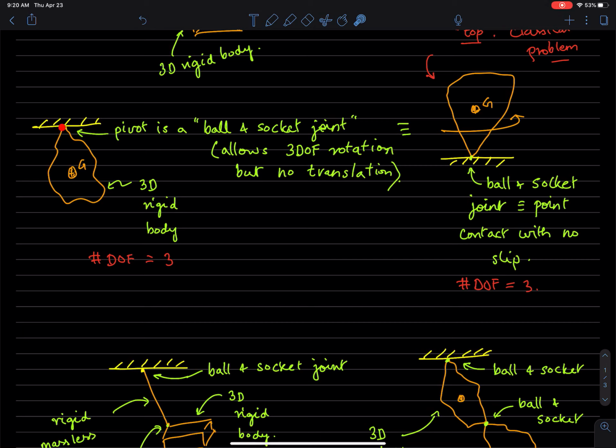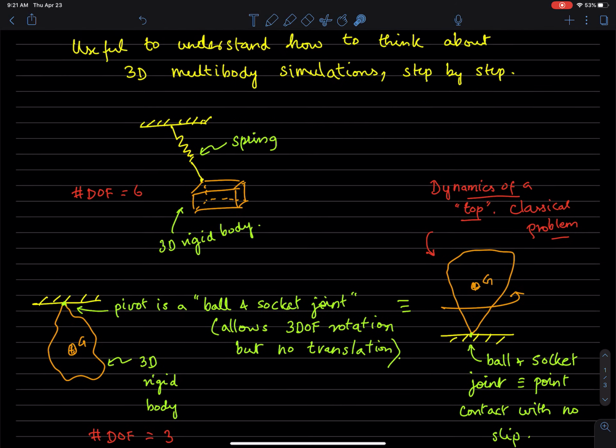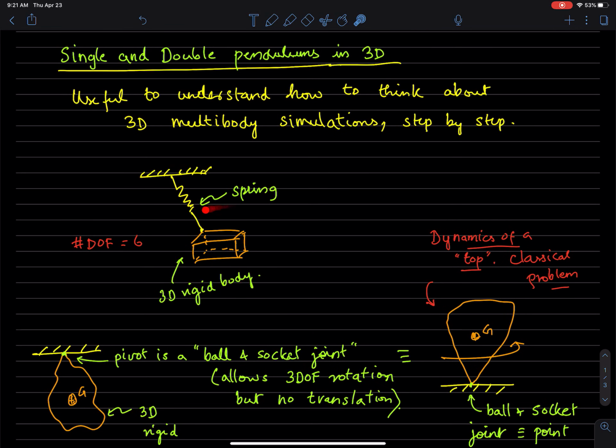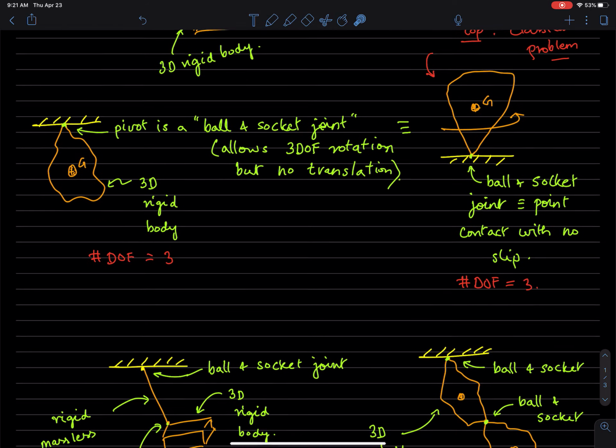A single point is constrained to not move, so you start out with 6 degrees of freedom for a rigid body, and you're left with 3 after you constrain 1 point. This one has the full 6 degrees of freedom because this rigid body can translate and rotate however we want, and the spring does not really constrain that.